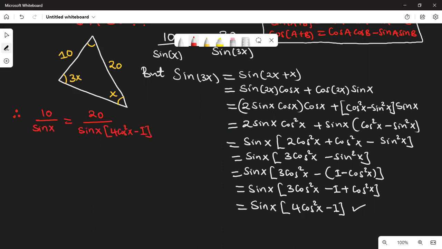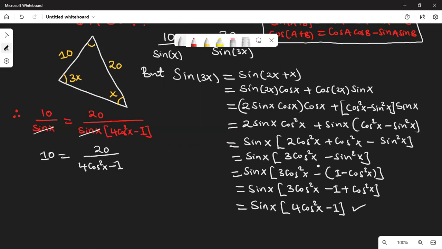That's what we have found. And you see sine x is common, so this sine x will cancel with the other sine x, so that I have 10 is equal to 20 over 4 cos squared x minus 1.